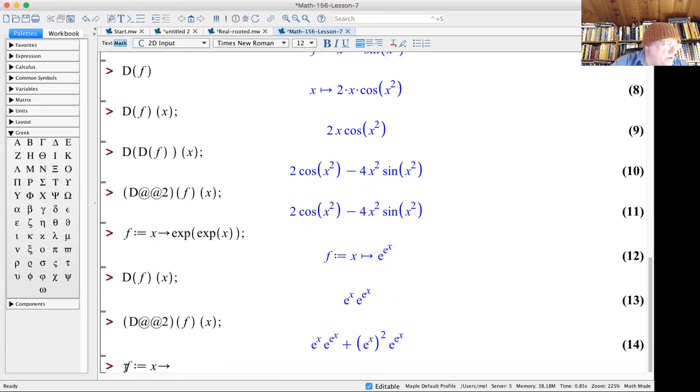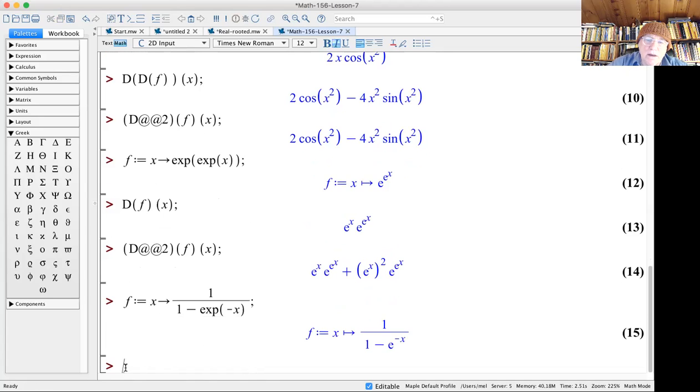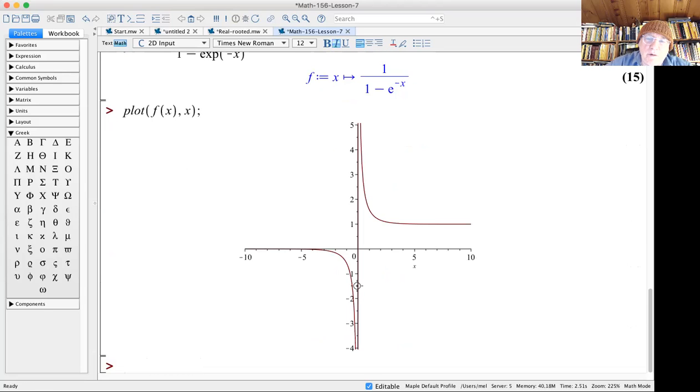So here the function f of x equals 1 over 1 minus exp of minus x. That's what it looks like. Actually, it's an interesting function. If we plot f of x, this is what we get.